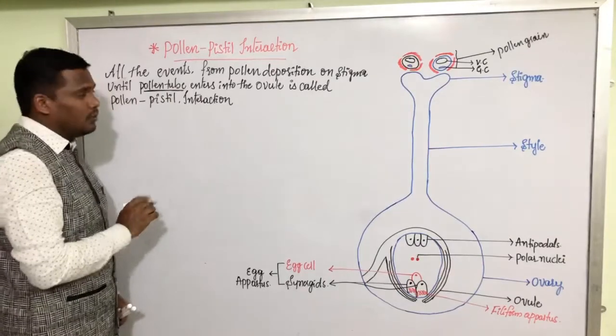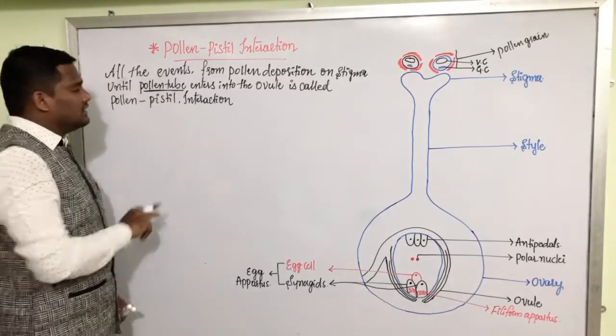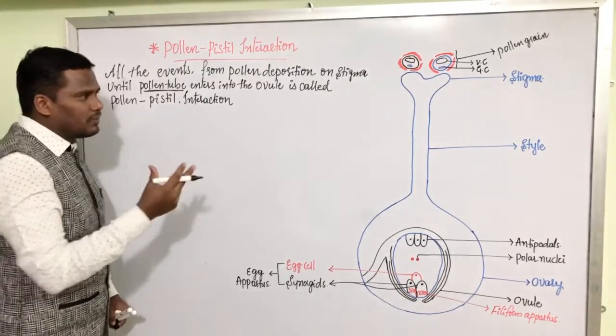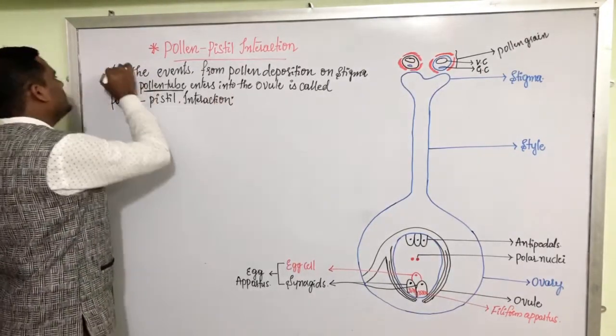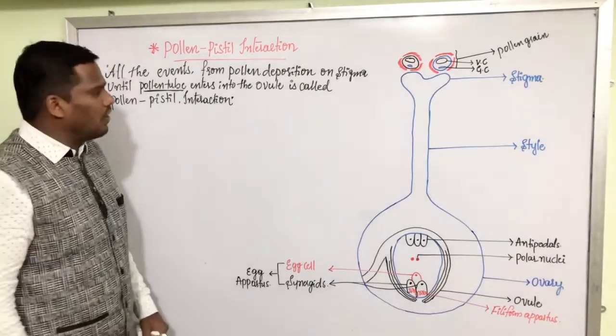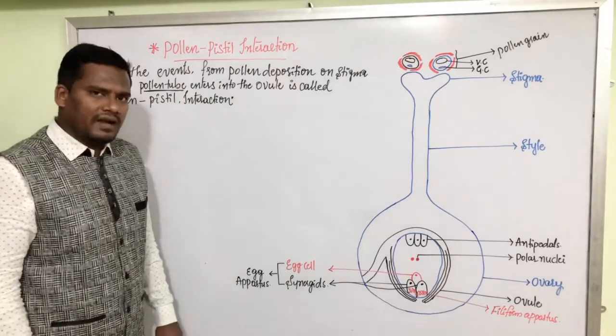What is this pollen tube, and which cell in the pollen grain produces the pollen tube? We'll learn a little later, and discuss in detail. This is the standardized definition of pollen-pistil interaction, my dear friends.